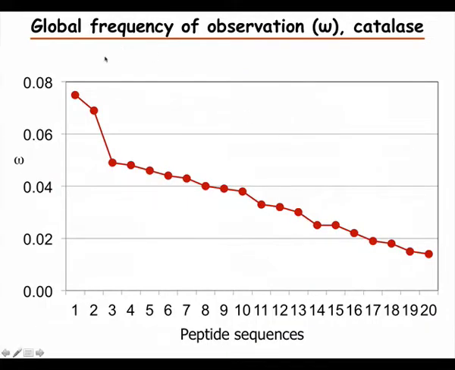And then we can look at the frequency in the database of observing different peptides. If one looks at different proteins, in some cases like this, there are a few dominant peptides, but they're not very dominant, and there's a long tail. Other proteins are going to have just a few peptides, and then it falls down very close to 0.